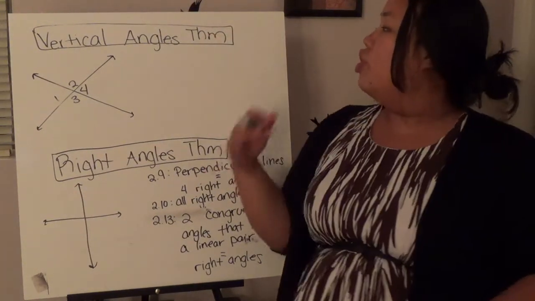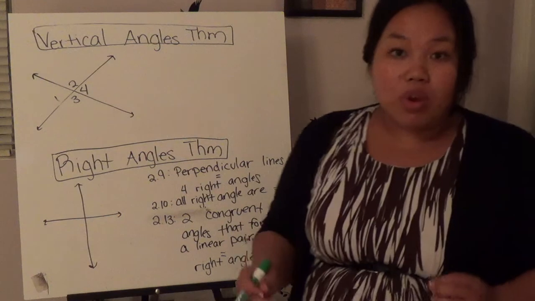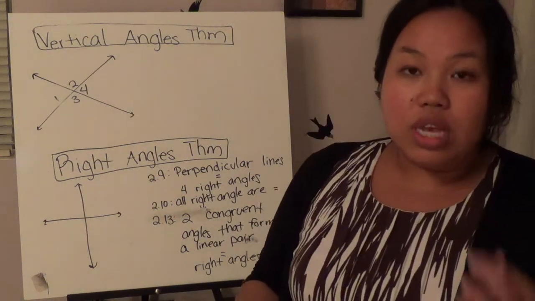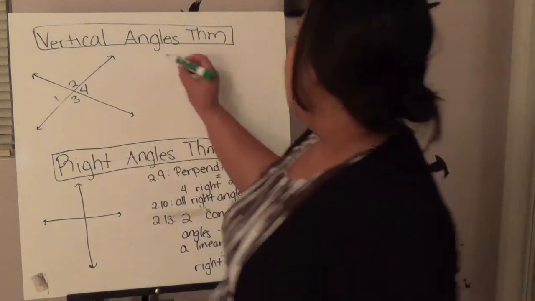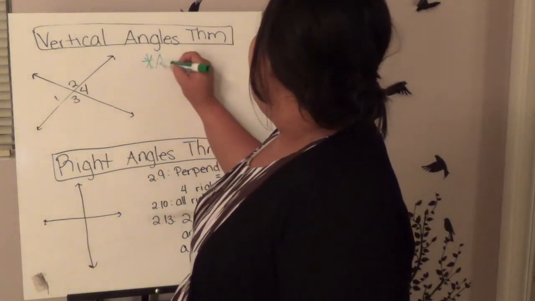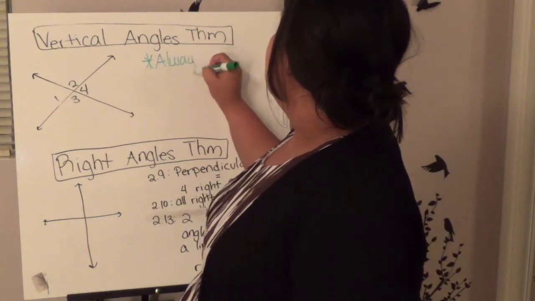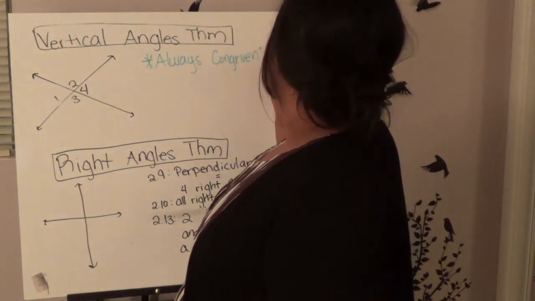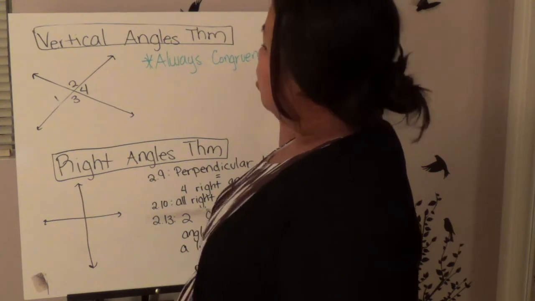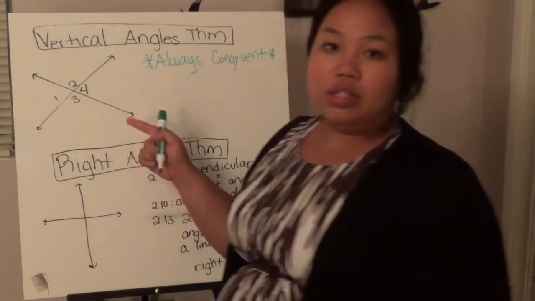This is called the vertical angles theorem. If you remember about vertical angles, vertical angles are always what? Congruent. And again, vertical angles are created by two intersecting lines.